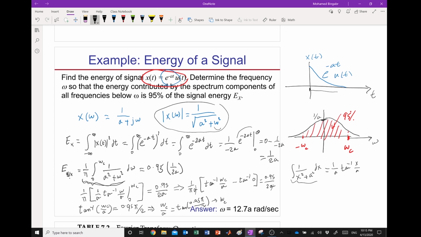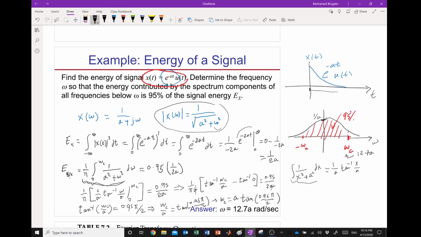And omega c will be a times tan of 0.95 pi over 2. So now you use your calculator. Find the tan of 0.95 pi over 2, and you should get 12.7. Multiply it by a, so you have to keep up to 12.7 a radians per second.